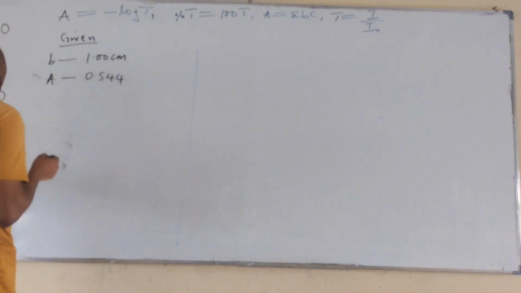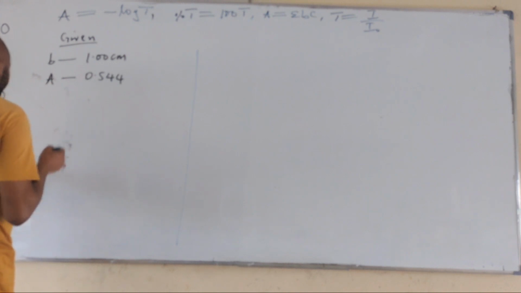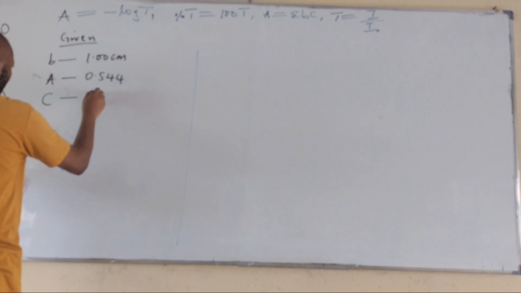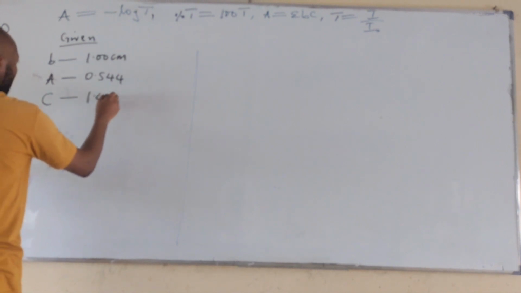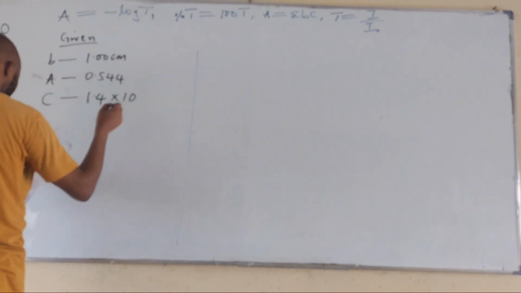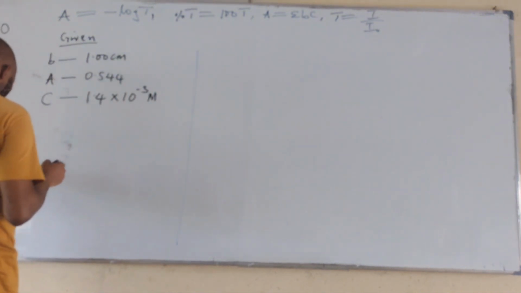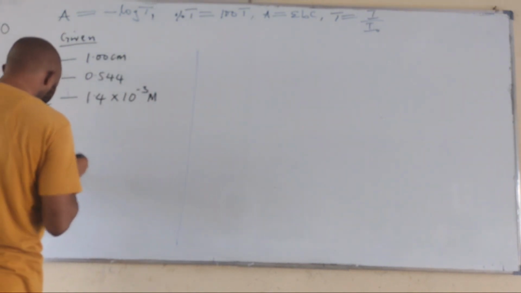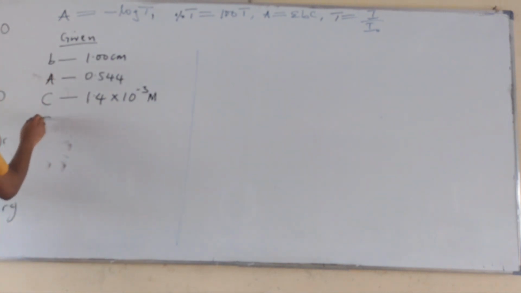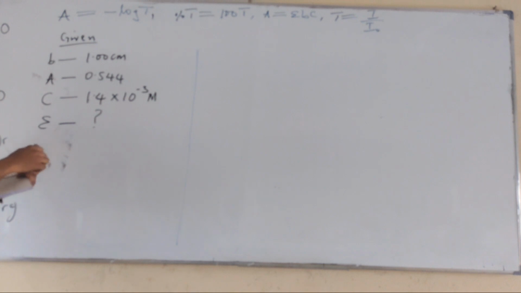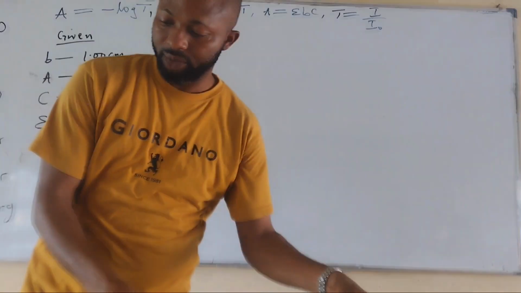If the concentration C is 1.4 times 10 raised to the power minus 3 molar, what is the molar absorptivity for the analyte? What is our epsilon? That's what we're looking for, right?